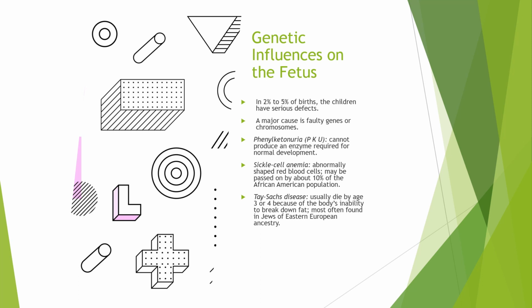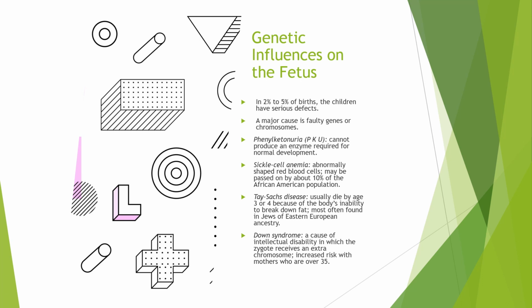The fourth type of genetic disability is Down syndrome. This is a cause of intellectual disability in which the zygote receives an extra chromosome. There is an increased risk of Down syndrome with mothers who are over the age of 35.